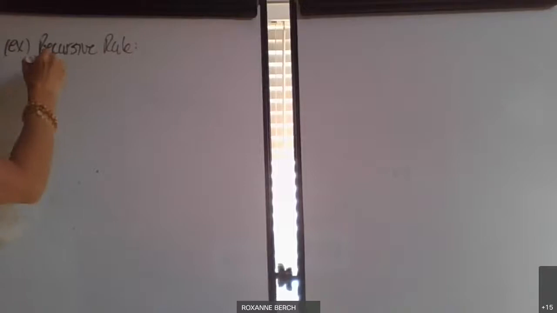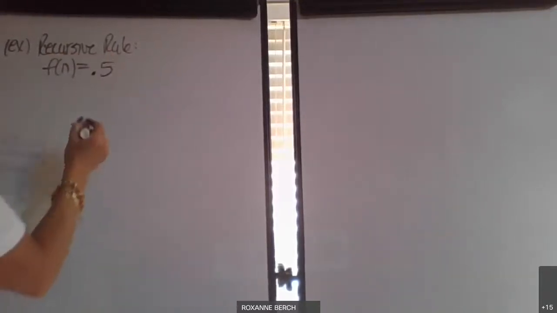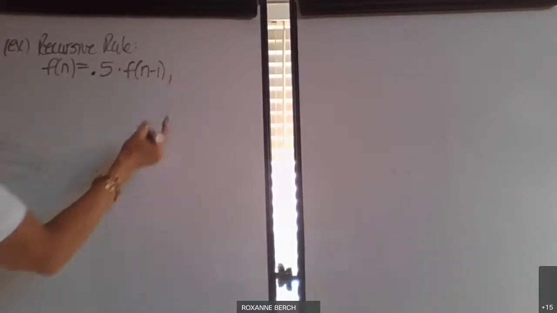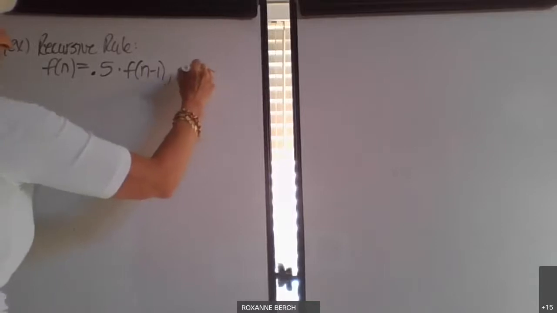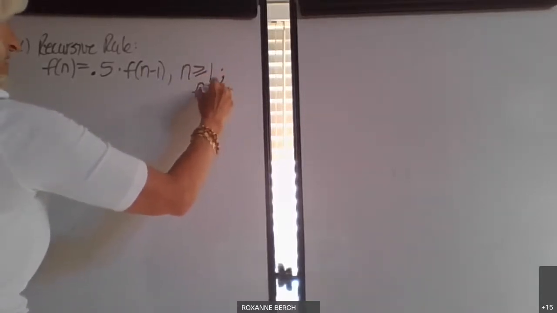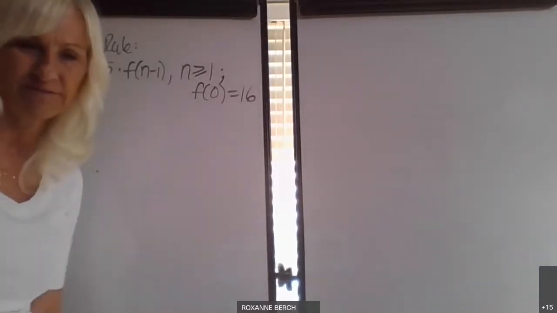They give you the rule, 0.5 times the function of n minus 1. They give you the domain, n greater than or equal to 1. Look what else they give you. They give you f of 0 is 16. Aren't they giving you the term in the first position, 0?